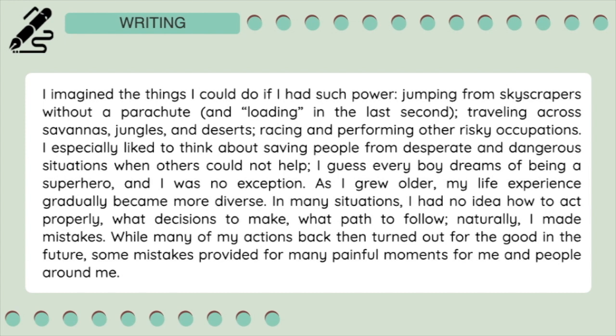Jumping from skyscrapers without a parachute and loading in the last second. Traveling across savannas, jungles, and deserts, racing and performing other risky occupations. I especially like to think about saving people from desperate and dangerous situations when others could not help. I guess every boy dreams of being a superhero, and I was no exception.